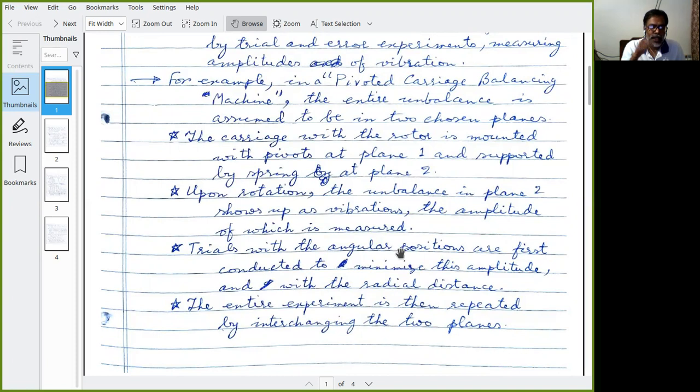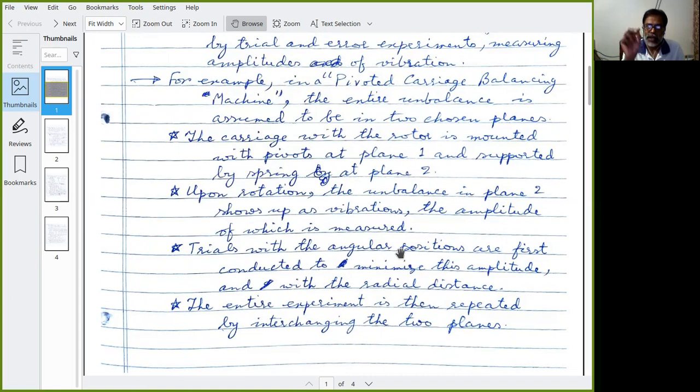Then you want to further reduce the amplitude of vibration. So this is a number of experiments you keep on doing. It's trial and error. Once you have found the angular position where you need to put the balancing mass, you either change the mass, or rather, easier is to change the radial location, that is the distance from the axis.